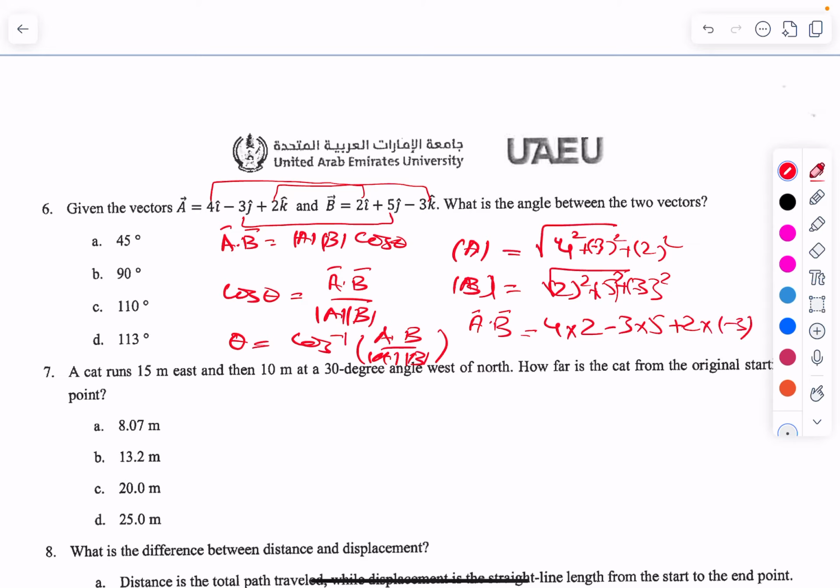So when we substitute these three values in this equation, we get 113.